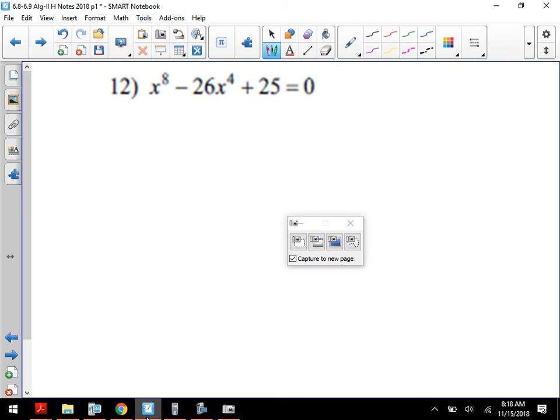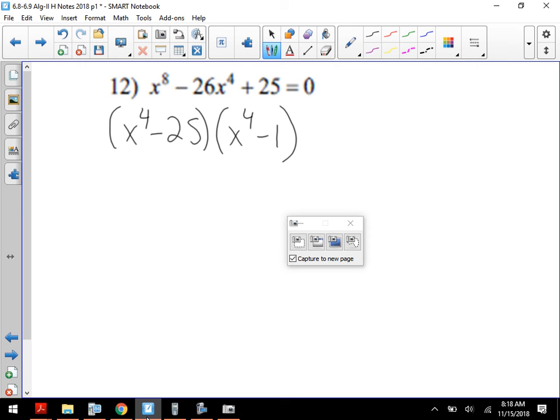What times what is 25? Together they get negative 26. Negative 1, negative 25. Very good. You can factor it like you would any other normal trinomial.